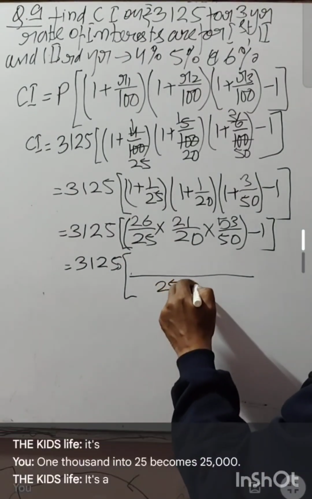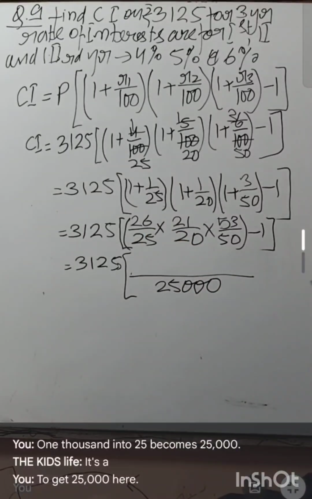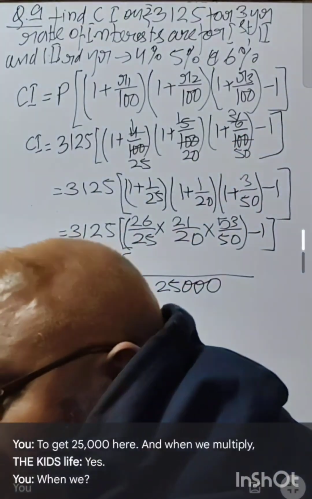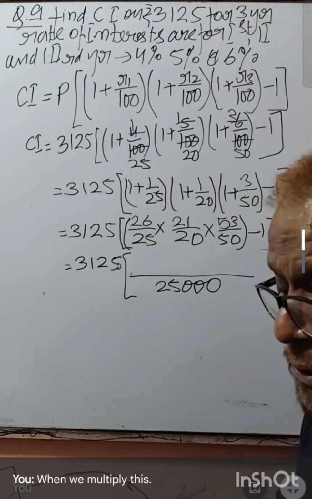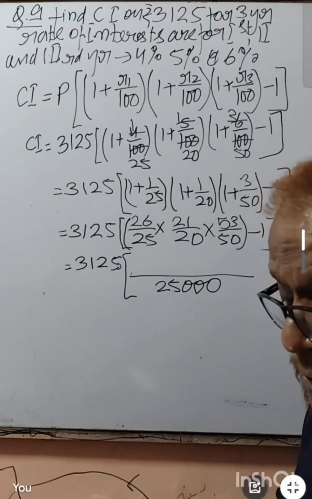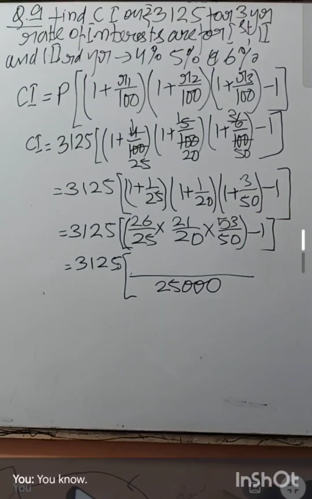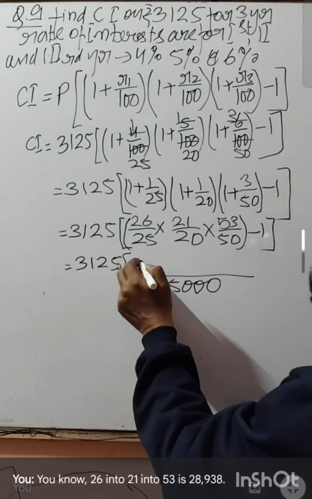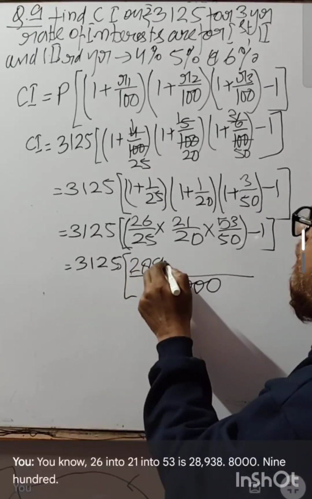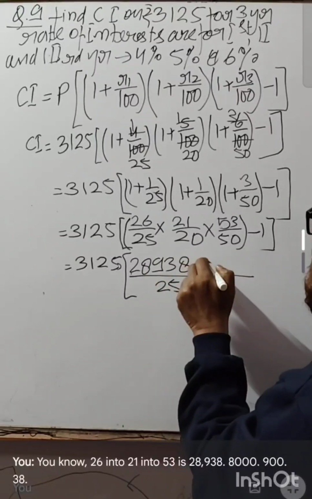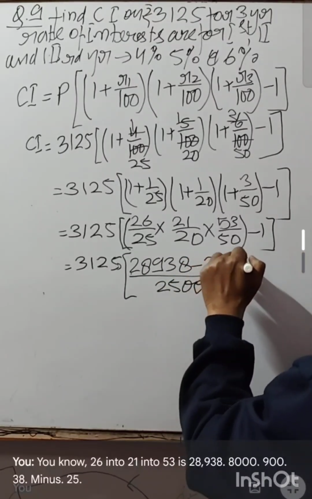You get 25,000 here. And when we multiply 26 into 21 into 53, it is 28,938. So 28,938 minus 25,000, right?